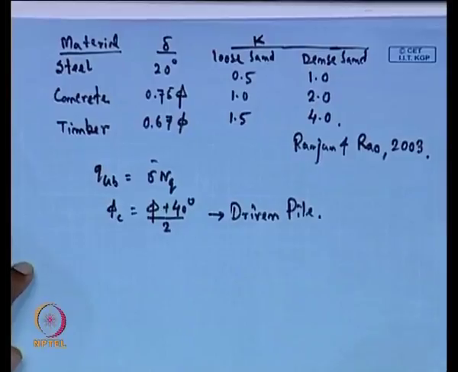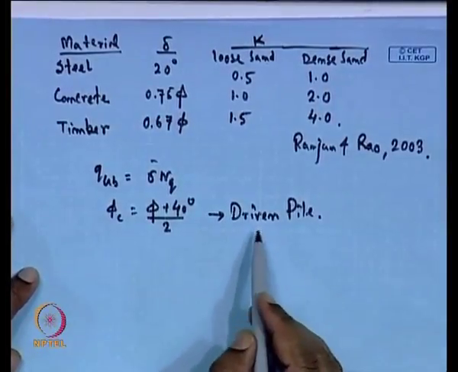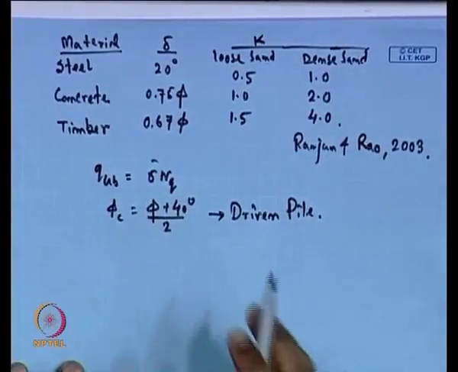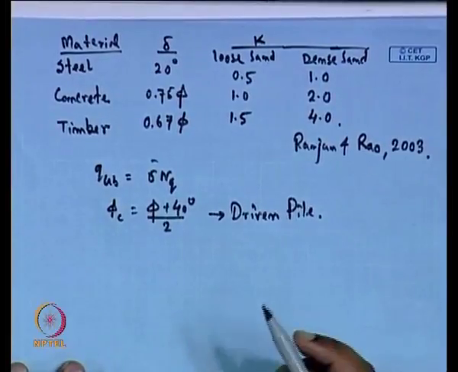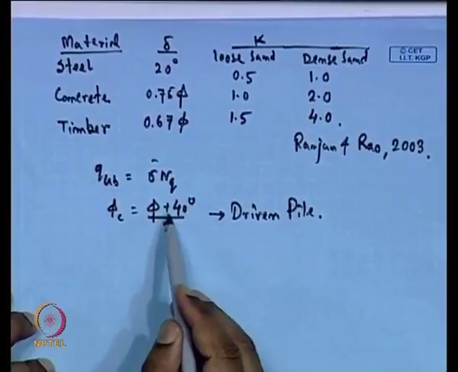If the granular soil has phi less than 40 degree, because of this driving of the pile the soil will get compacted. So the phi value of the soil will increase because of the driving of the pile in a loose type of soil. That is why we are taking this expression, phi plus 40 degree divided by 2.